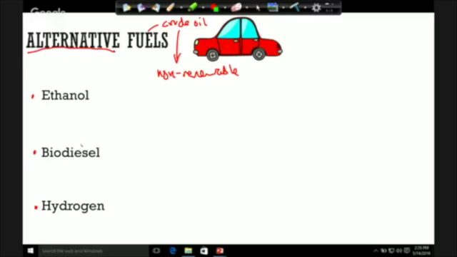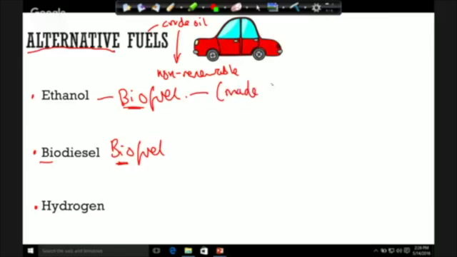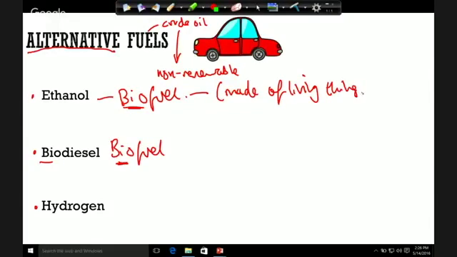Now, starting off by looking at ethanol then, we're going to discuss ethanol in a little bit more detail later on, but ethanol is a type of what we call a biofuel. And it can be made from crude oil, and we'll discuss that later, but we're going to talk about it in terms of a biofuel here. Biodiesel is also a biofuel. And bio, like biology, the study of living things, biofuels are made out of living things, aka plants in this case.